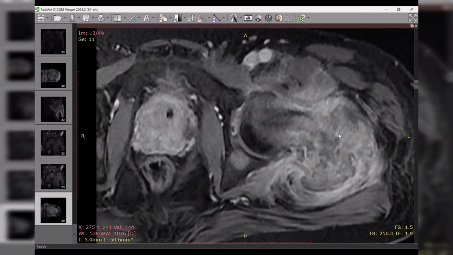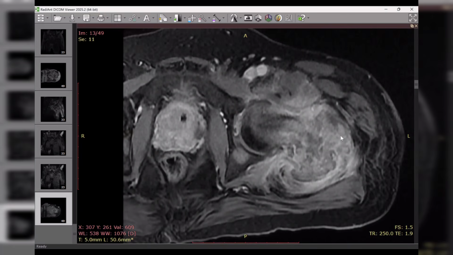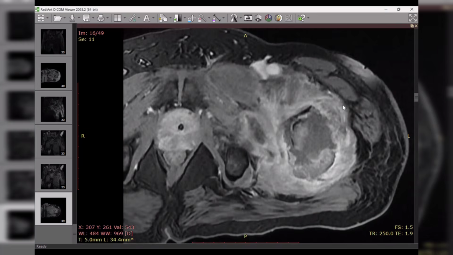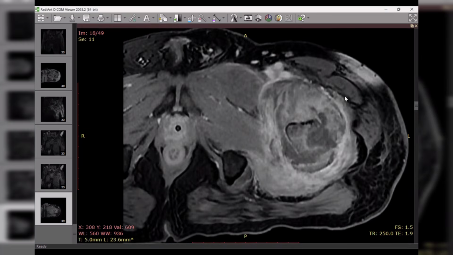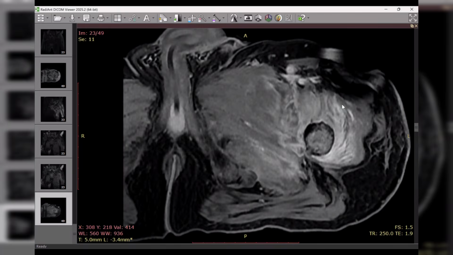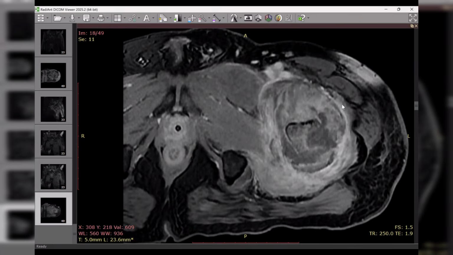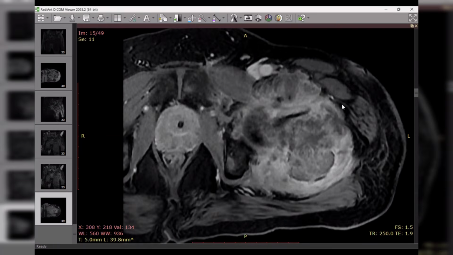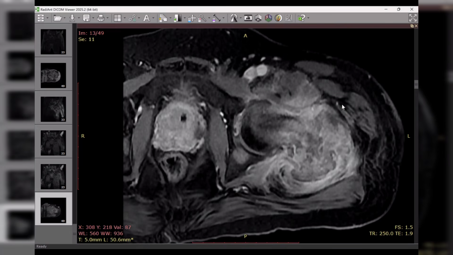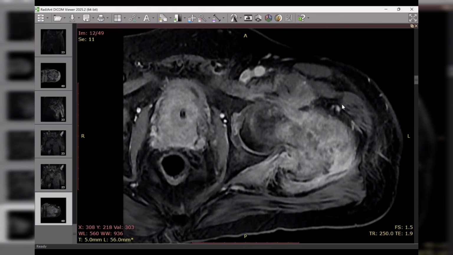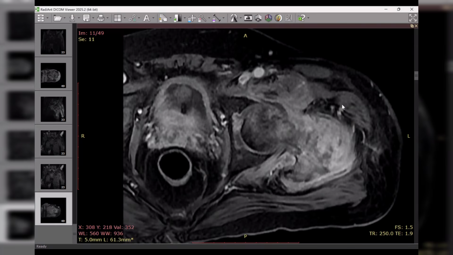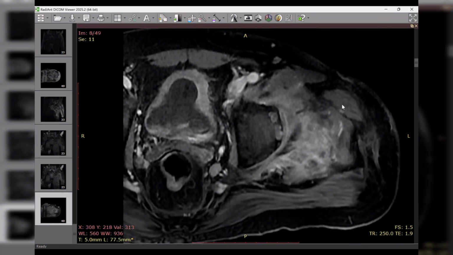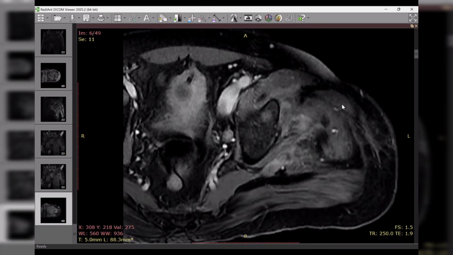You can see this is after contrast. It is very destructive of the cortex and takes enhancement heterogeneously. It may be osteosarcoma, or no?